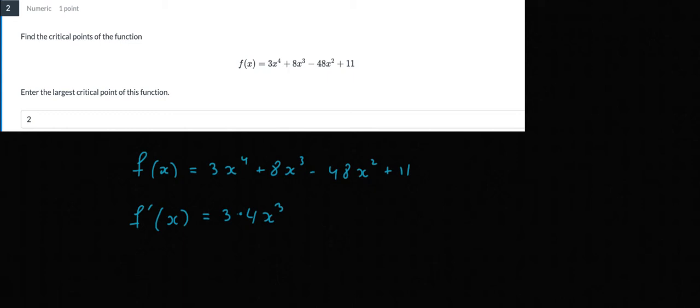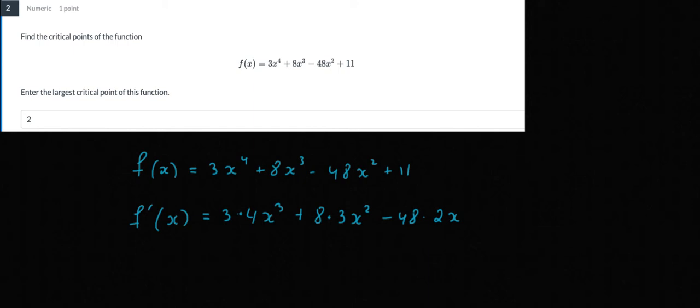We are calculating this derivative term by term, and to calculate the derivative of each term, we use the constant rule and the power rule. Plus the derivative of the next term will be 8 times 3x squared, and finally minus 48 times 2x.